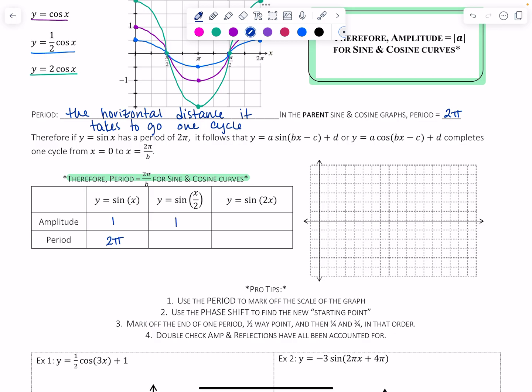Again, our amplitude is going to be 1 here, but now we're going to go, hey, what's our period? So we're going to take 2 pi over 1/2, which is equal to 4 pi. So meaning that it's going to take 4 pi to go through one cycle. We'll see what that looks like in just a little second. This one is going to be 1, and our period is going to be 2 pi over 2, aka just pi.